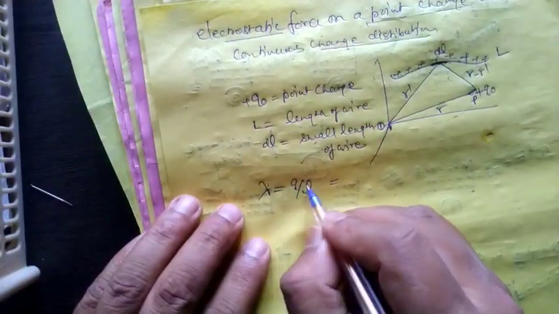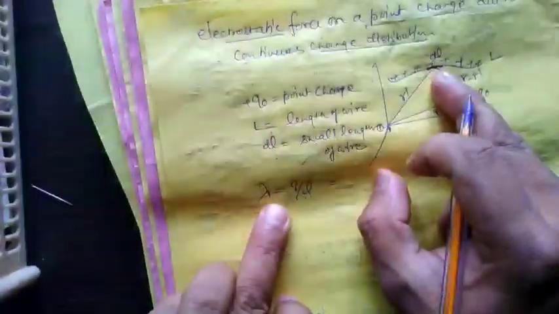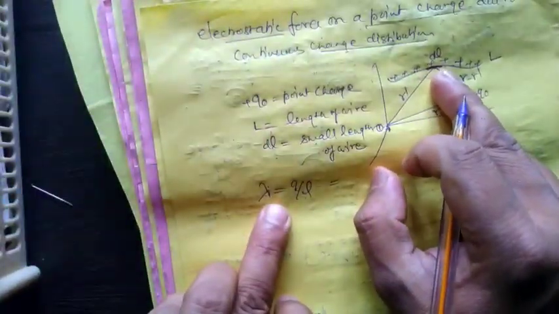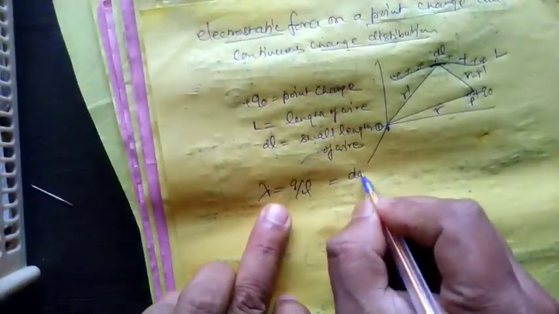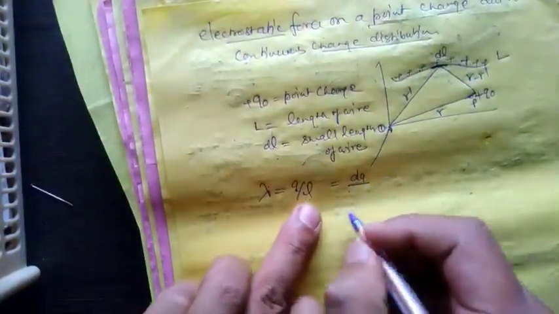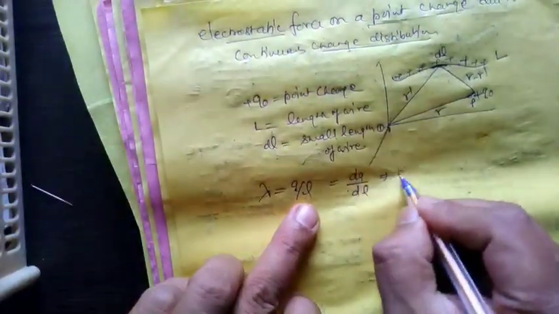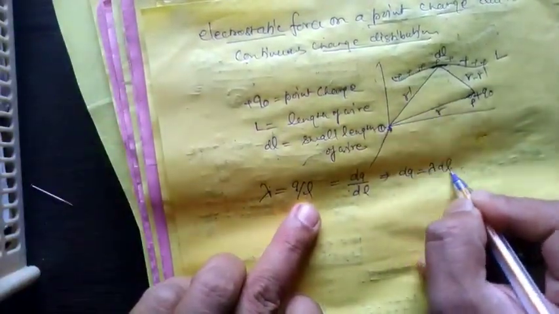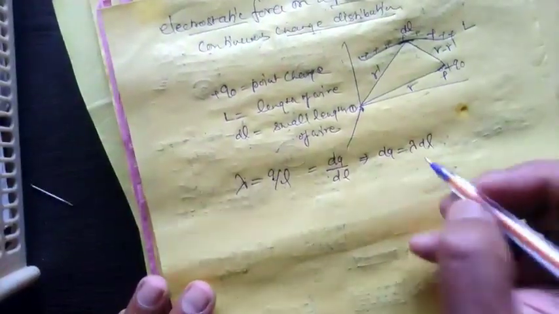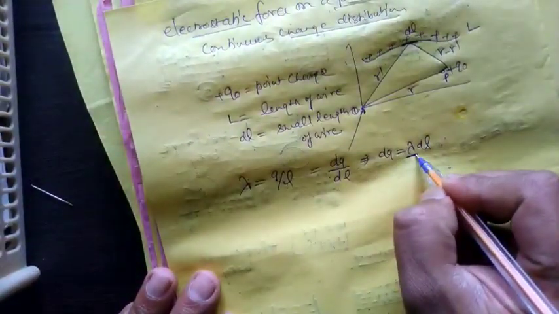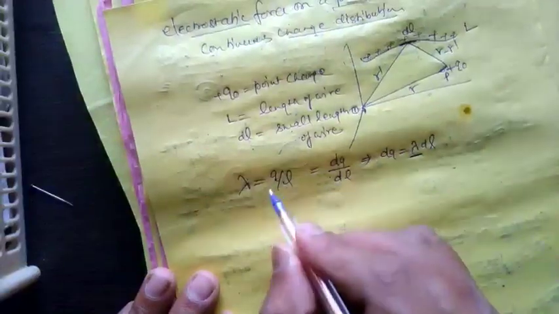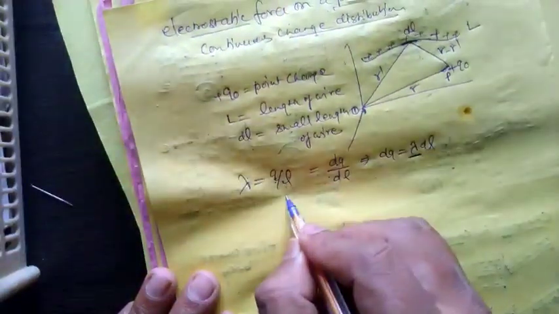Then for the small length dl, the charge dq is lambda dl. This is known as linear charge density, which is charge per unit length.